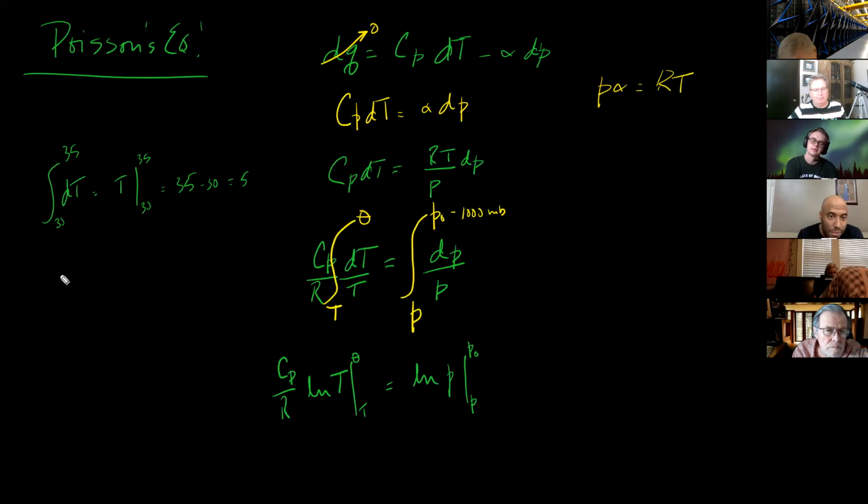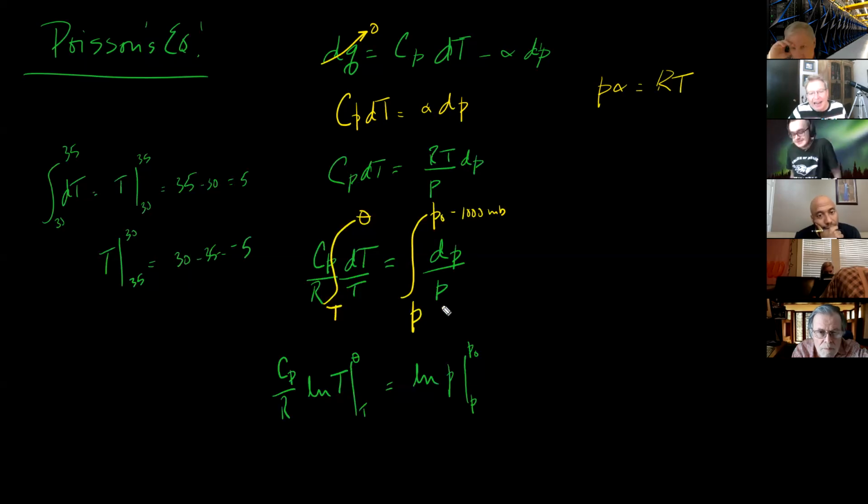Flip them, it would be negative 5. So when I flip integration limits, it's a negative sign. But if I'm flipping them on both sides, what does the negative sign do? It disappears. It's also going to be negative on the other side, so they cancel out. It doesn't matter.